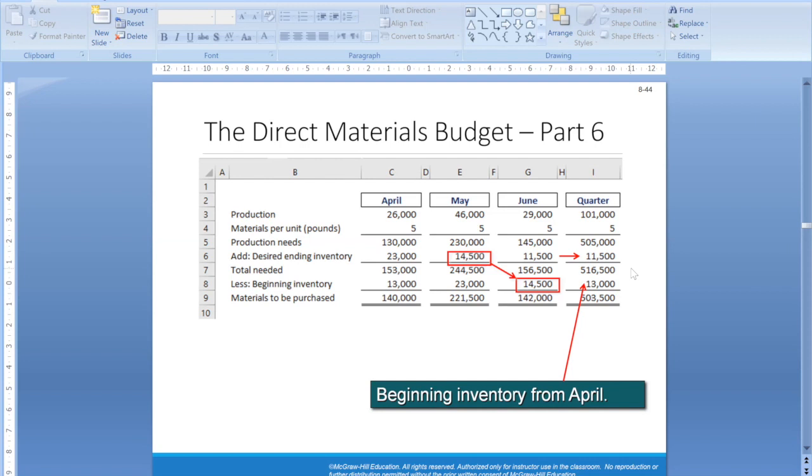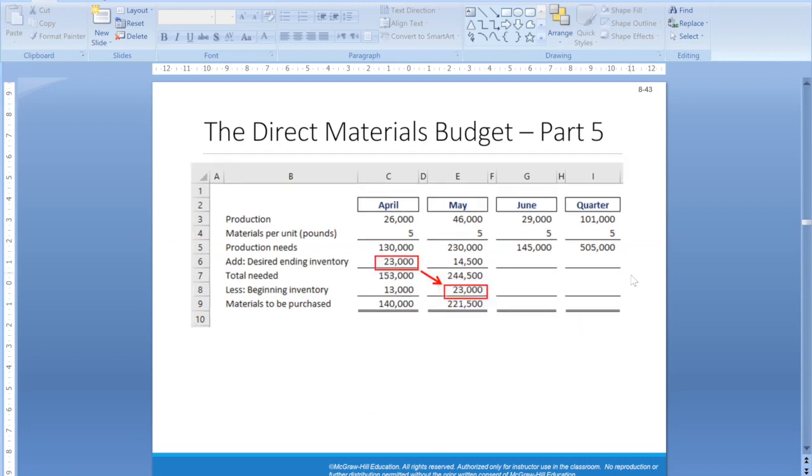If we say June, guys, the following month will be July. So I need the number related to the production needs in July, which is actually not calculated in any other budget.